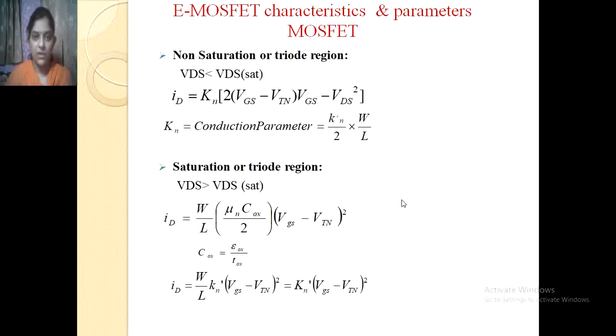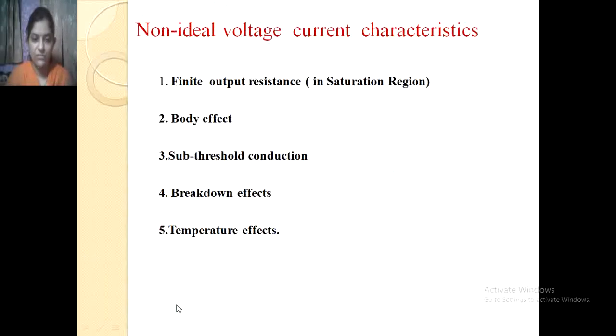Then for the parameters, in the non-saturation or triode region, where VDS is less than VDS sat, at that time we saw what current flows through the device, and in the saturation region, when VDS is greater than VDS saturation, ID is given by this equation.